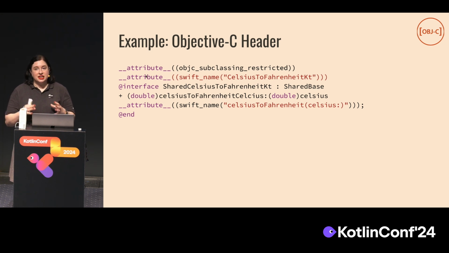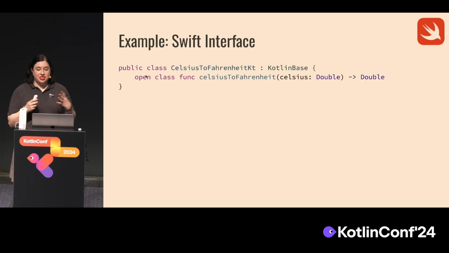If I use Xcode or SourceKitten to generate my Swift interface from this Objective-C header, I get this as a result. You can see that it's Swift code, and it has a wrapping CelsiusToFahrenheitKt class because it's a top-level function. You can also see that the function is a class function, which is very similar to static functions in Kotlin. So you don't need an instance of the wrapper class in order to call the function.